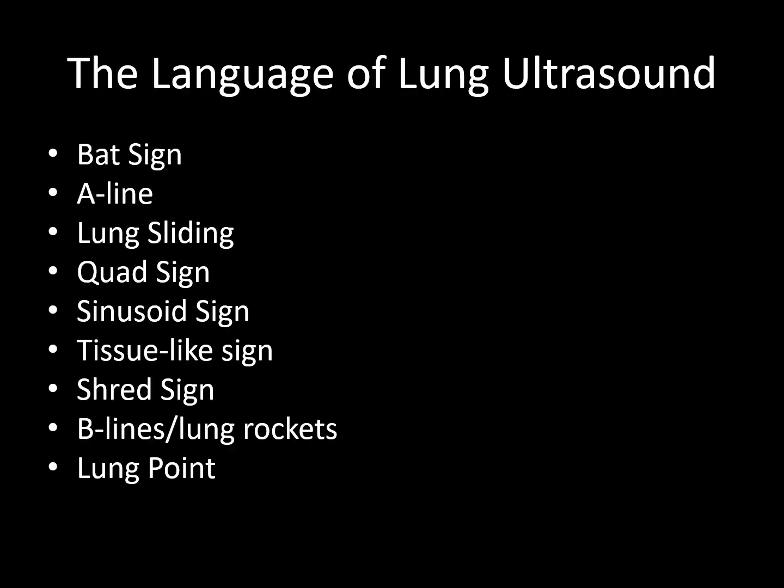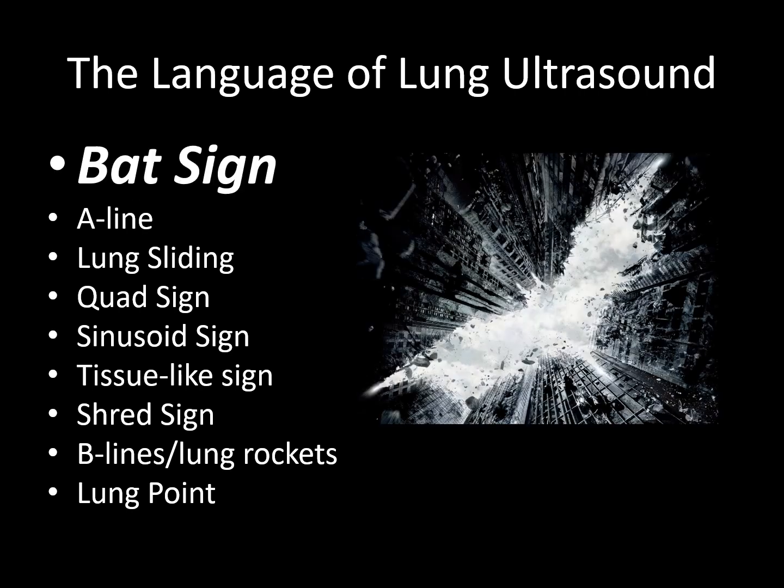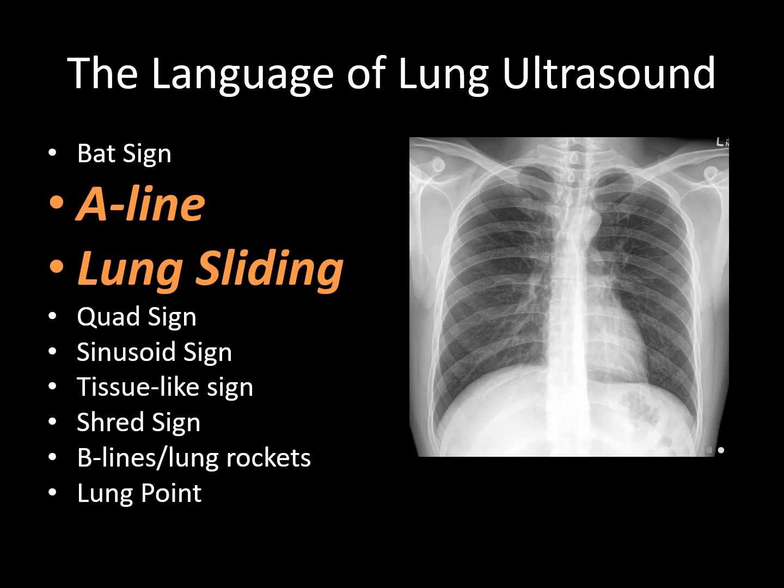To utilize the technology effectively, it is important to become familiar with the language of lung ultrasound. Comfort with these 9 signs defines fluency in the field. The first is the BAT sign, which is the starting point for all lung ultrasound. A-lines and lung sliding define the normal lung.